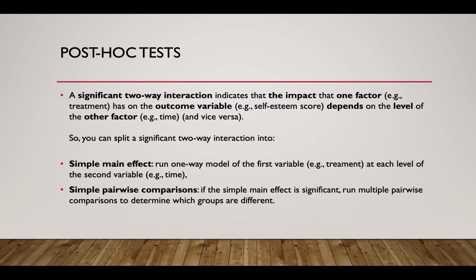So you can split a significant two-way interaction into a simple main effect, where you run a one-way model of the first variable at each level of the second variable, and then if the simple main effect is significant, you can run multiple pairwise comparisons to determine which groups are different.